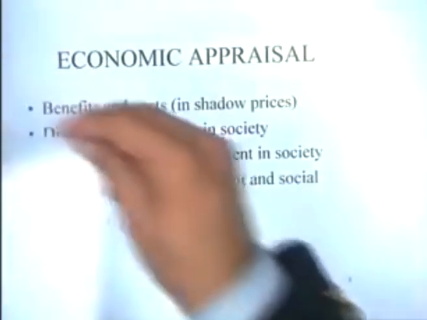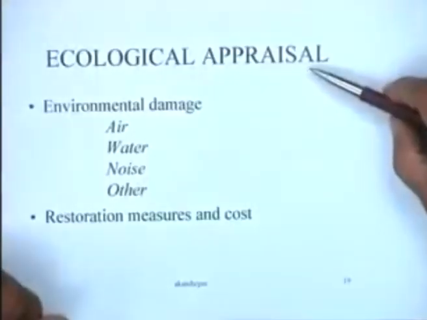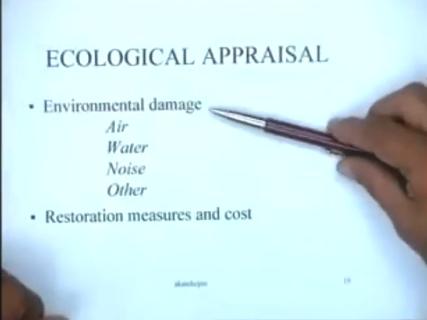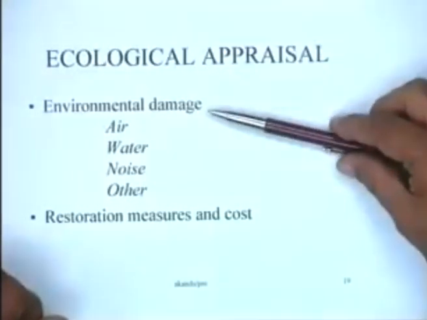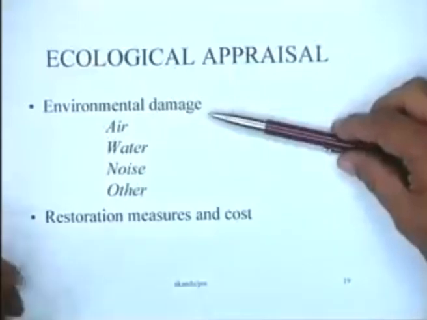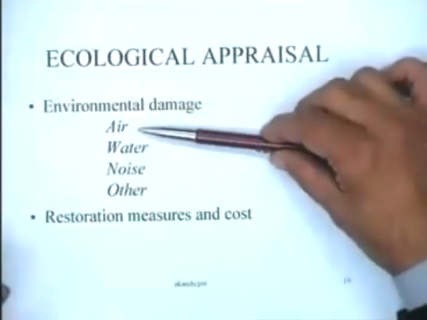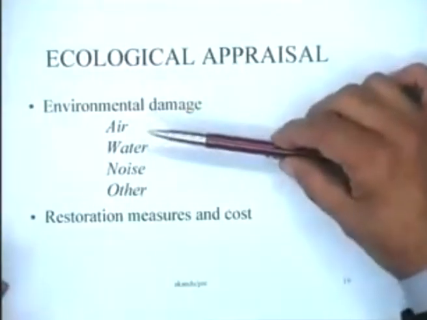Issues pertaining to the environment are assuming greater and greater importance. So an ecological appraisal of projects is also very important. We should assess the extent of environmental damage that is likely to come about by setting up this particular project. What is the damage to the quality of air, to the quality of water?